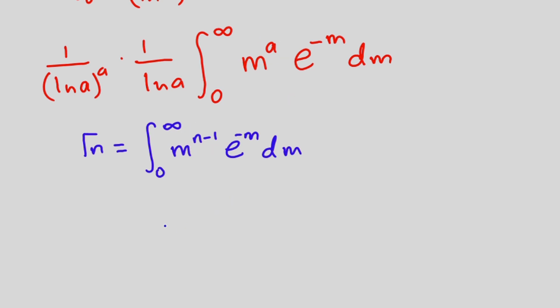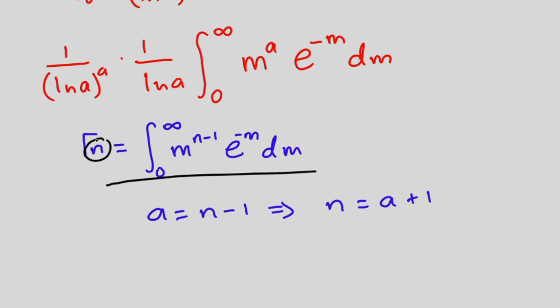So we can write an equation for that. We're going to have a is equal to n minus 1, and this implies that n is equal to a plus 1. Now from this equation, if we replace this n by a plus 1, this whole equation will be the same as what we have here.